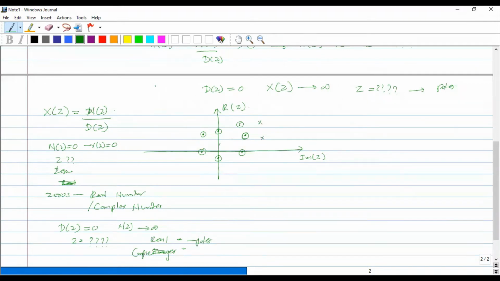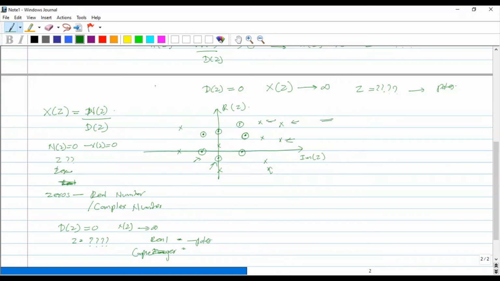So if we have some poles, those poles are also in this z plane, and we can mark them using the cross. So in this z plane, we have plotted the zeros, these are zeros, and also we have plotted the poles, these are poles.